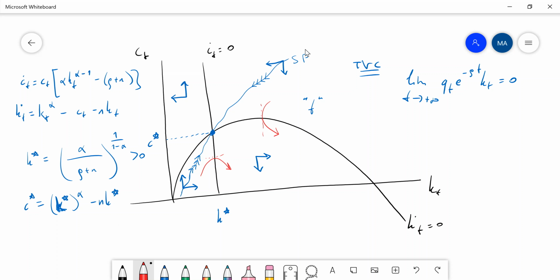Here you always go like this. And here you always go like this. As long as you are on the saddle path, you have no trouble. You go to the steady state. That's a nice property of the saddle path equilibrium.